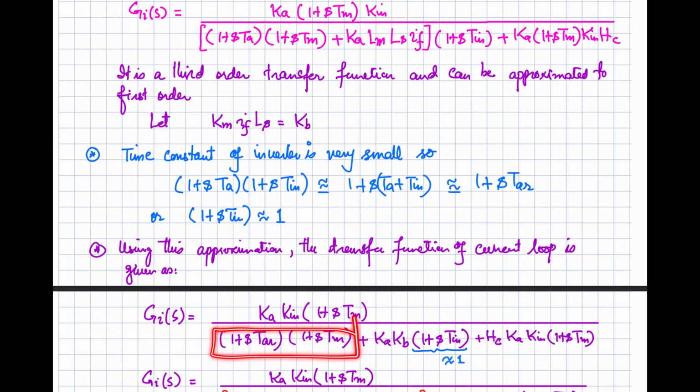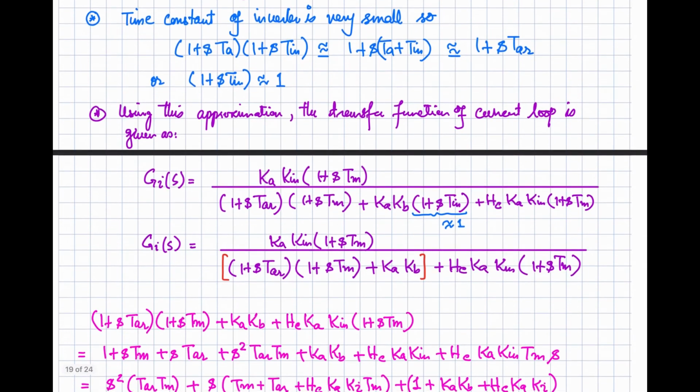So these three terms' product will be written like this, into Ka plus Lm Ls If, into 1 plus sTn. Over here we are going to say that it is equal to 1. So we can write it like this, and then this last term over here.